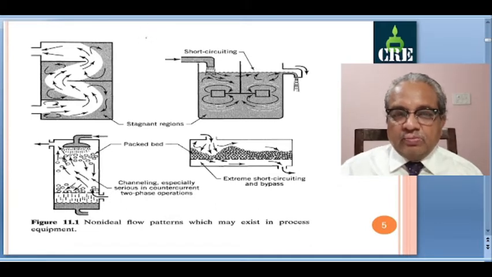Our space time is fixed in terms of ideal reactors. It is designed for achieving a particular conversion. So if some fraction, say 20%, is leaving early, that means fractional conversion will decrease.